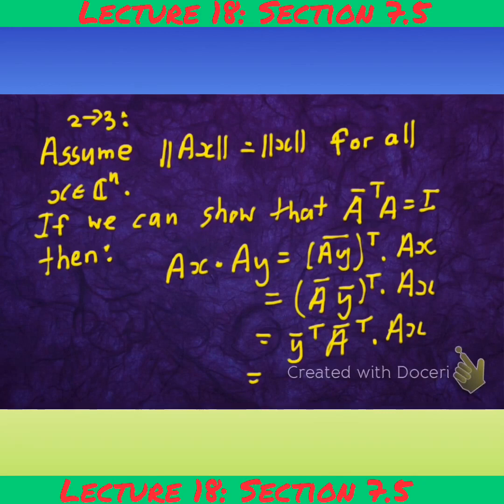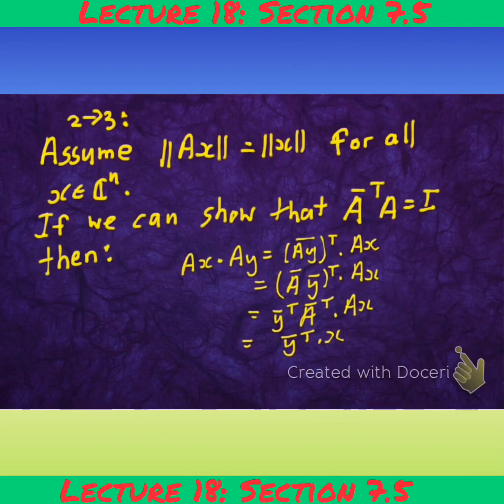So basically you're going to be able to replace that with that. Okay, so basically that is going to be x's dot with y. So if we can show this, then we're done. So that's all we need to show.